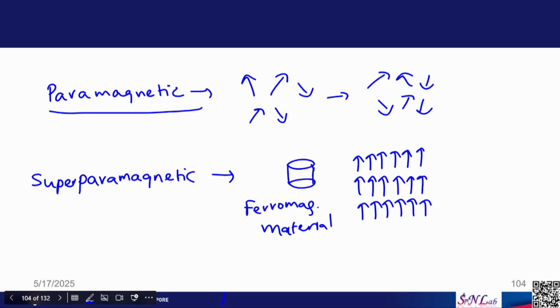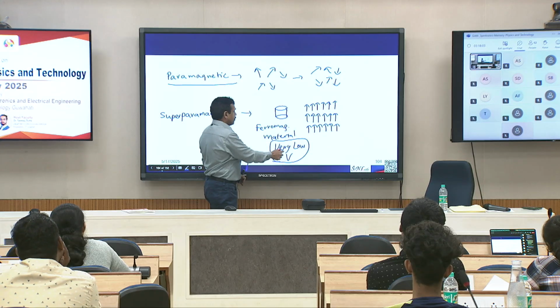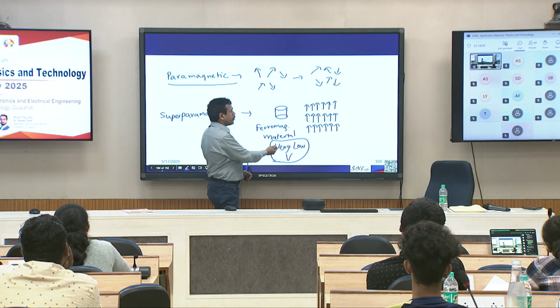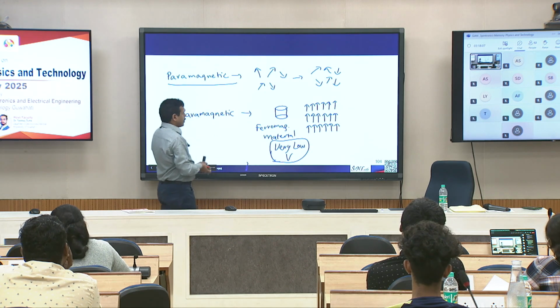Let us say this particle has a very low volume, either because the diameter is too small or the thickness is small. For some reason these particles have very low volume.